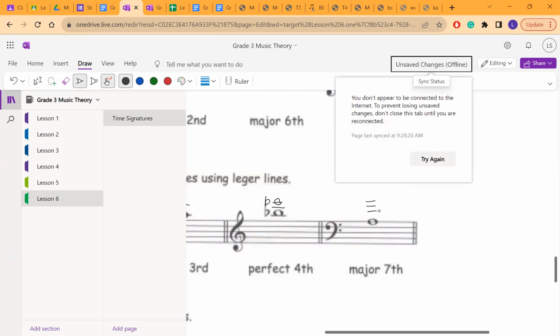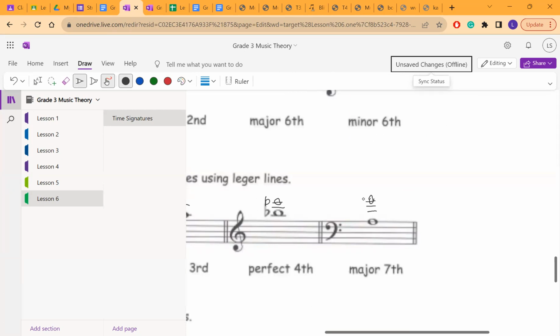That's a lot of ledger lines. Yeah, I think that's right.